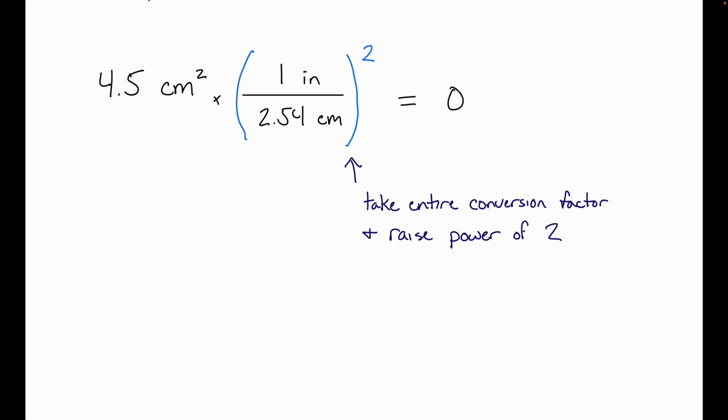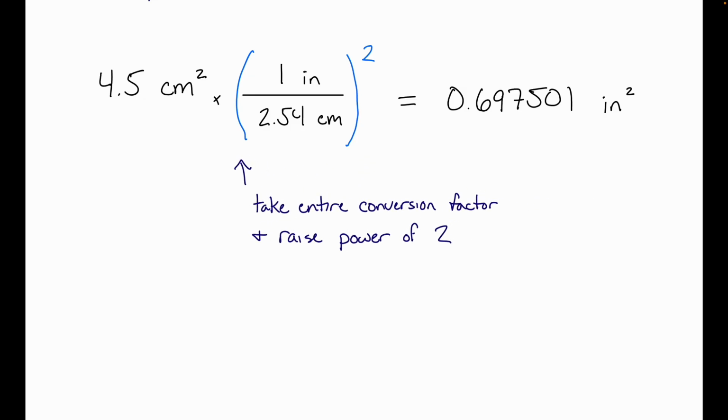Okay, this would leave me with 0.697501. And my units now are inches squared. All right, if I'm going to round this to the correct number of sig figs, I should have 2 significant figures.